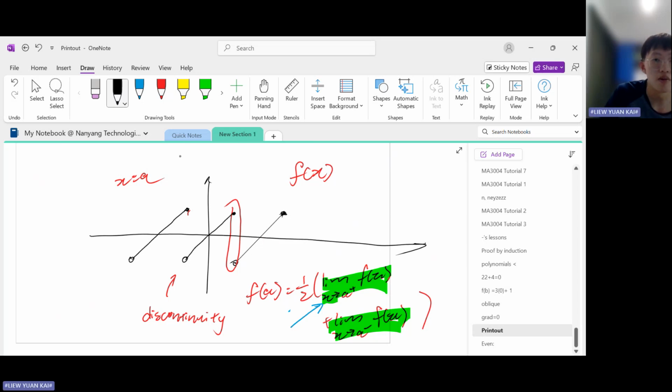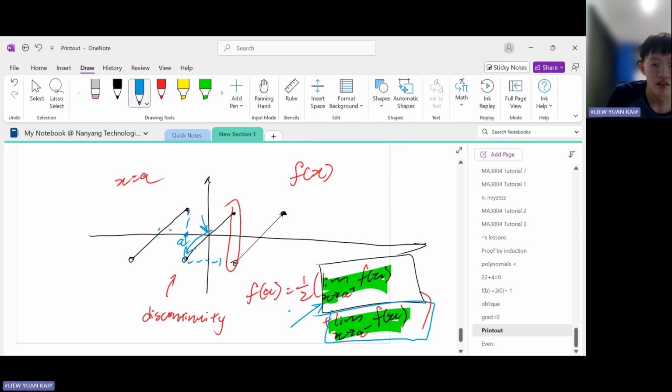Suppose here is x equals a. So this value is obtained by approaching from the immediate right of a. To the right of a, we have this line, so let's trace along this line until we reach x equals a. So we are down here. Let's say this is -1. Then on the other hand, x approaching a from the negative side means you approach from the left.